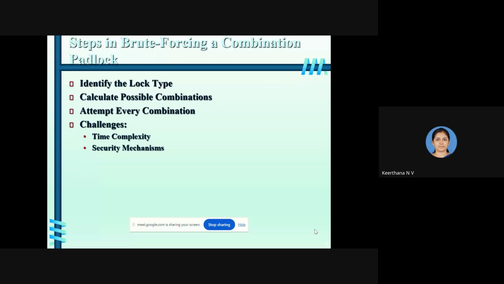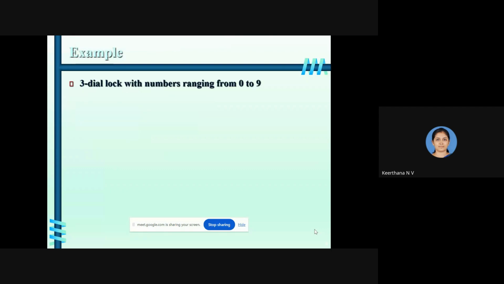So these are the challenges we face while using a brute forcing technique on a padlock. I described those challenges using the three-dial lock example.